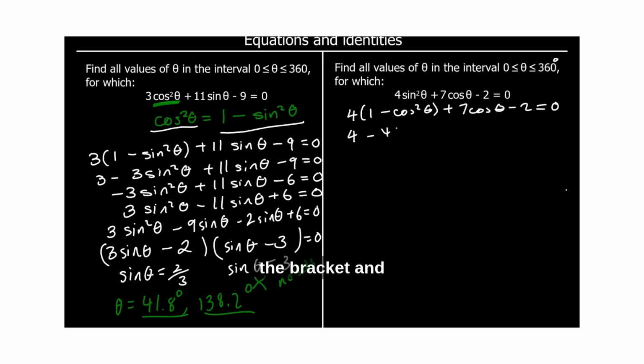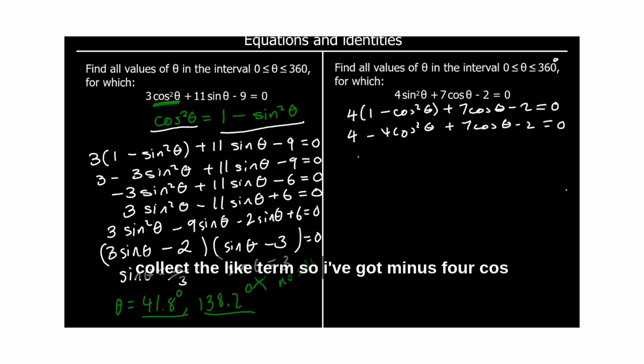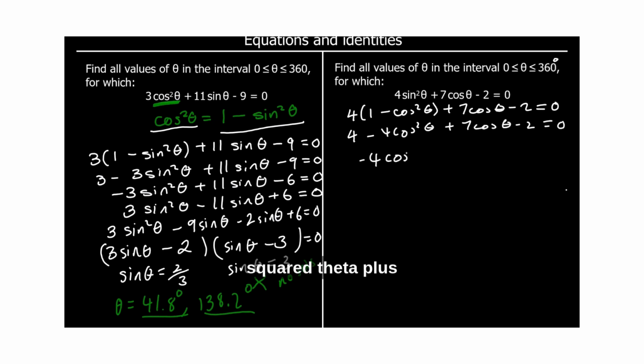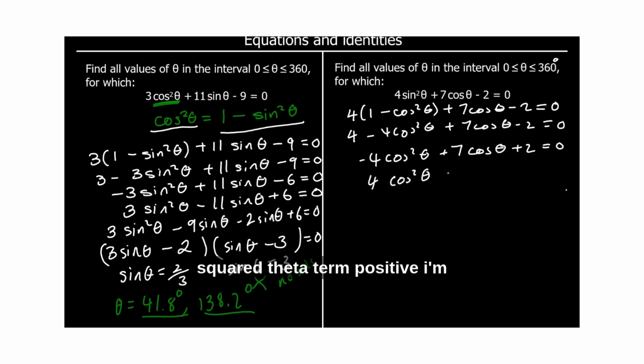Expand the bracket and collect the like terms. So we've got minus 4 cos squared theta plus 7 cos theta plus 2 equals 0. Again, I'm going to make my cos squared theta term positive. I'm going to change all of the signs.